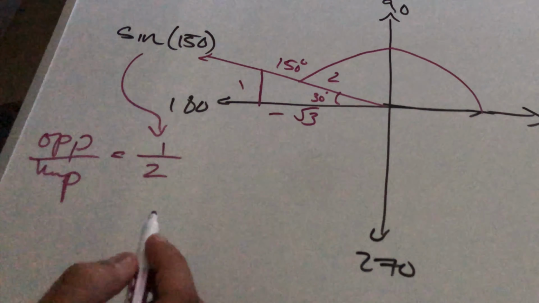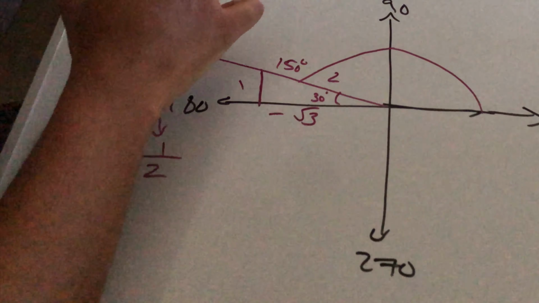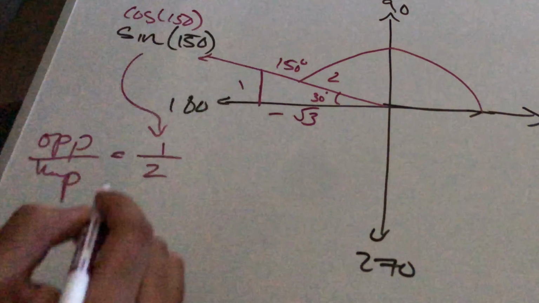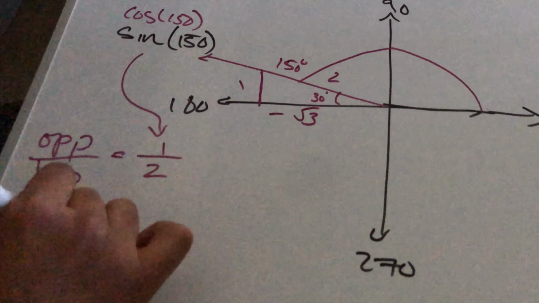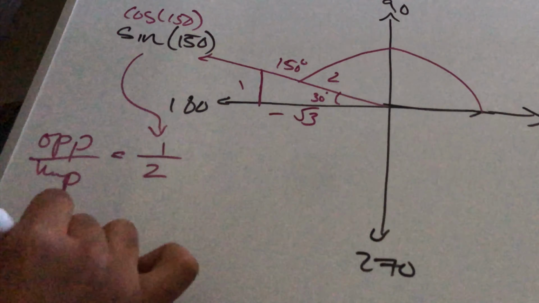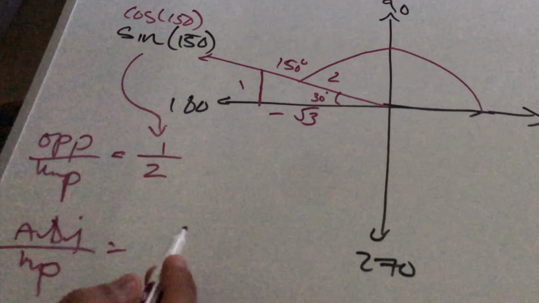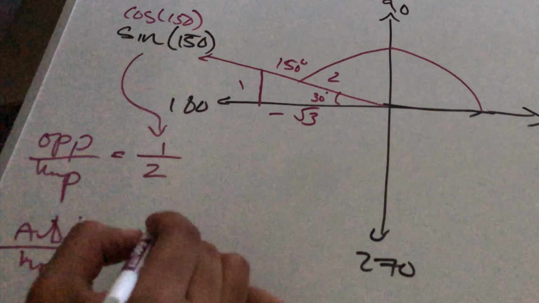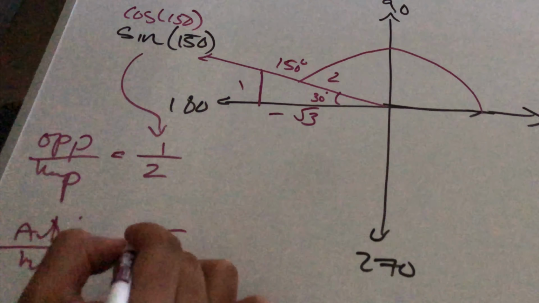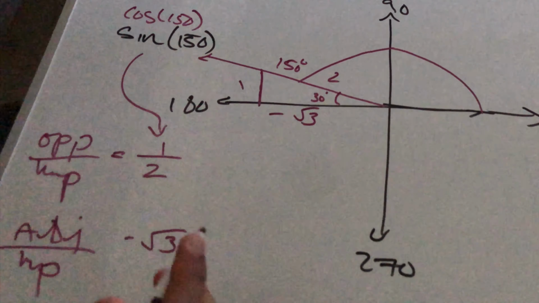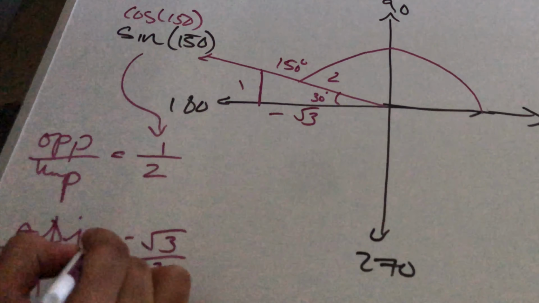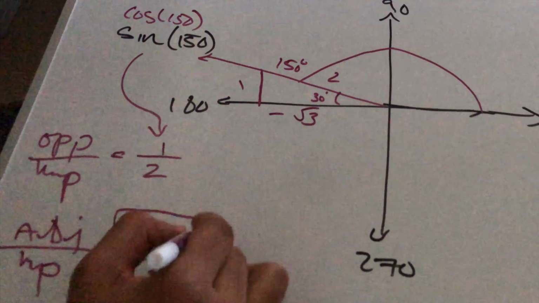Now if I wanted to solve for cosine 150, remember cosine is adjacent over hypotenuse. And we know that adjacent to 30 is negative square root of 3, and obviously the hypotenuse is still 2. So therefore this is your answer.